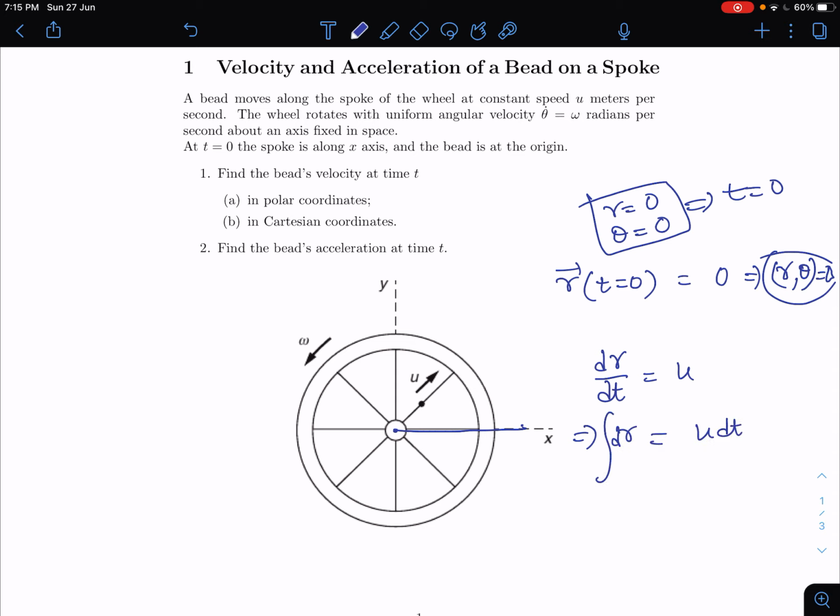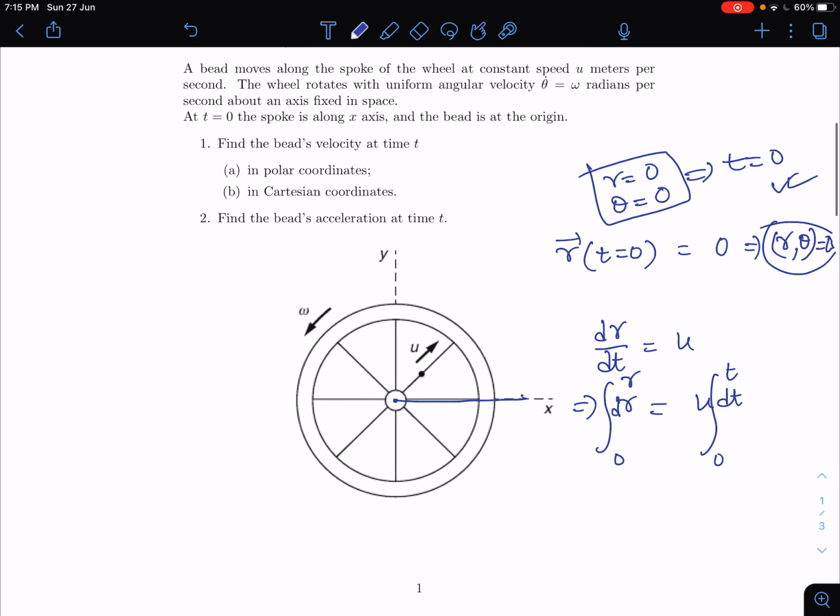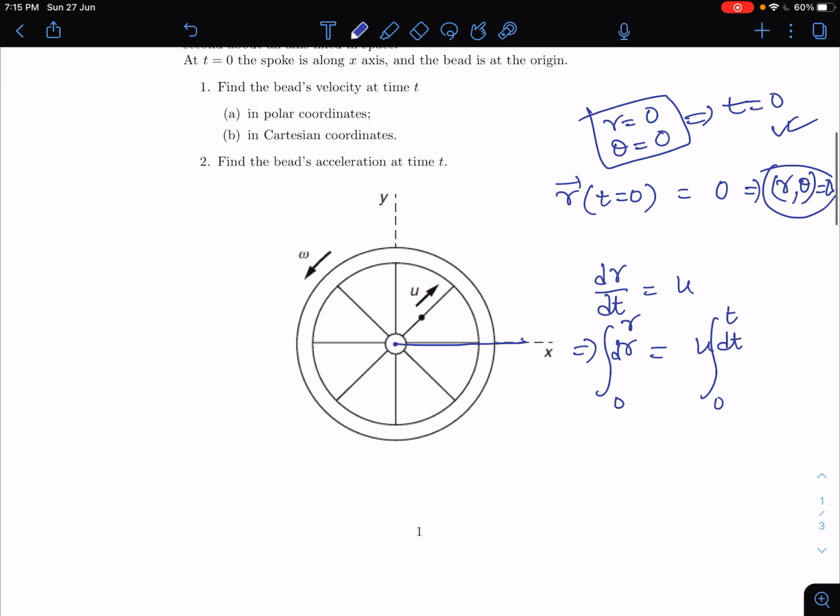If you integrate this expression, at t equals to 0, r was 0 from this condition, and at a later time t, let's say the position is r, and u I have pulled outside because u is just a constant. So here r is just ut.